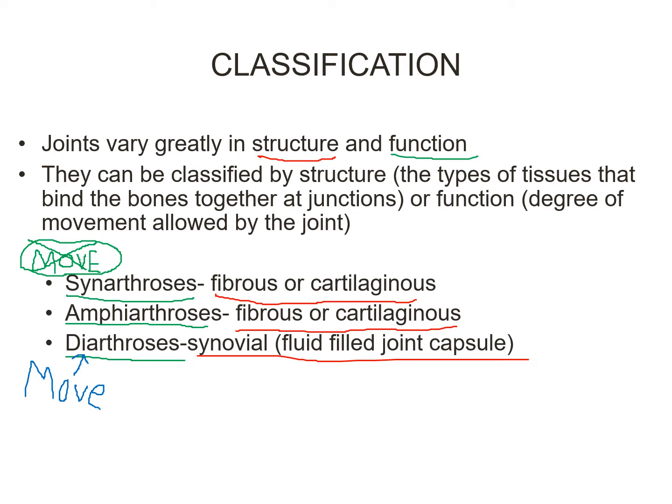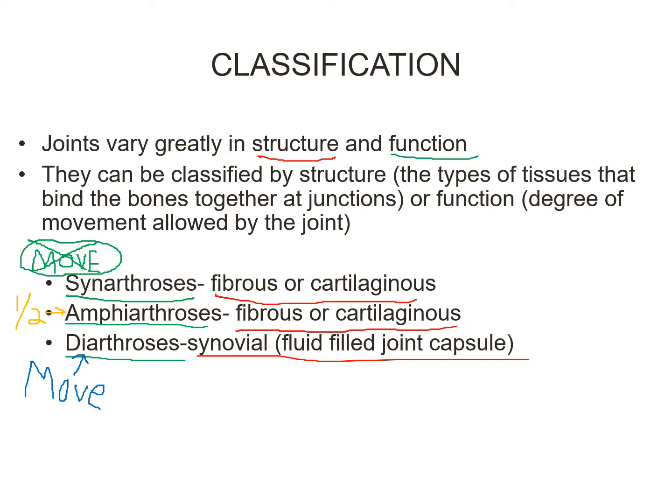It's just the stadium wraps around halfway around the stage and there's no backside. So it's kind of in between. So I'm going to put half, but it's not really half movement. It's just a little bit of movement, but not full free range of motion for the amphiarthrotic joints. So once again, that's the function. What do they do? Some move, some don't move, some move just a little bit.